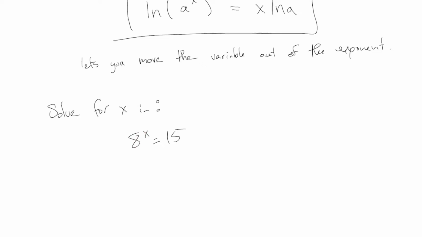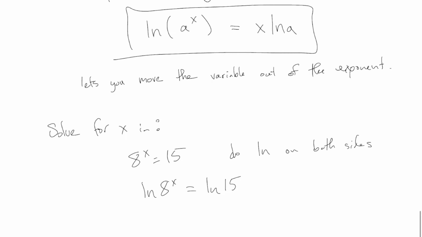What I'm going to do is take ln on both sides. It looks like ln of 8 to the x equals ln of 15. And then I do the thing in the box up there. Sorry, it's scrolled up. For the log of something with an exponent, the exponent can come down to the front as a coefficient. So I'm going to do that over here on this side.